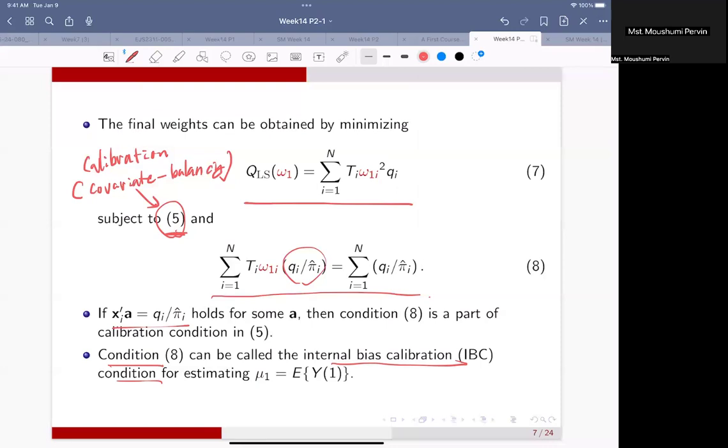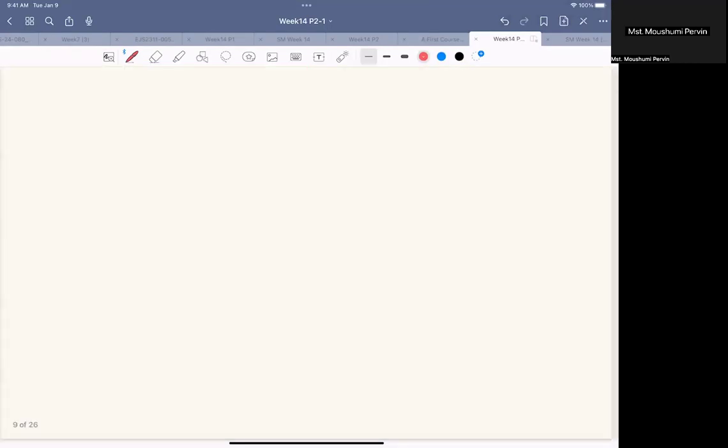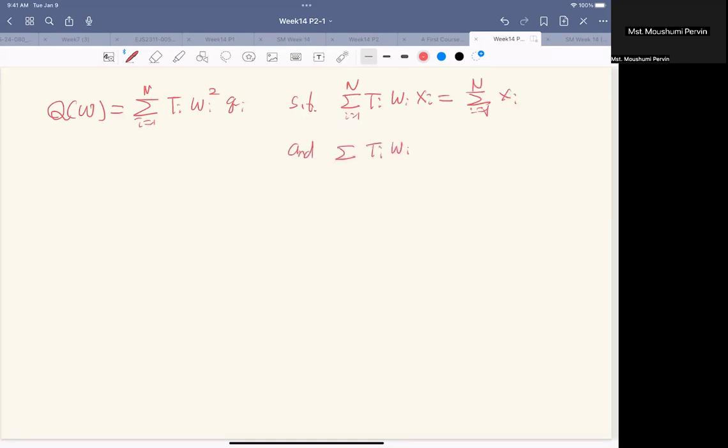Okay, let's solve this. Basically, we want to minimize Q of omega, which is something like this: the sum of Ti omega i squared times qi, subject to the sum of Ti omega i xi equal to something.